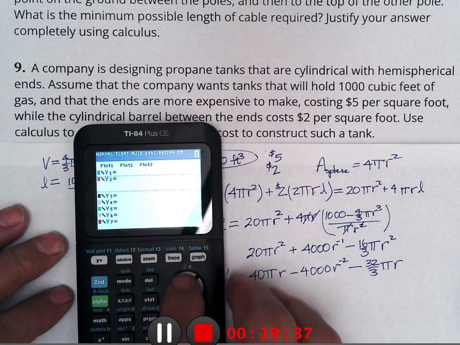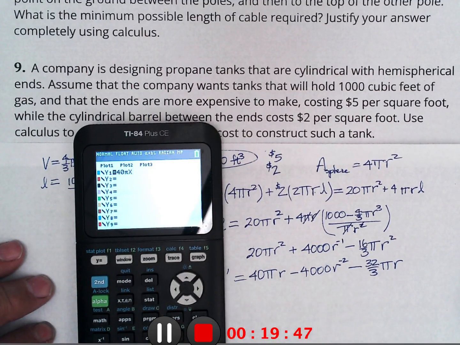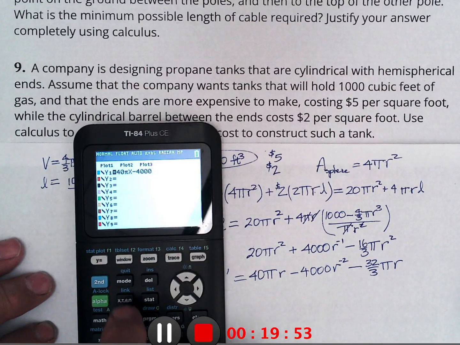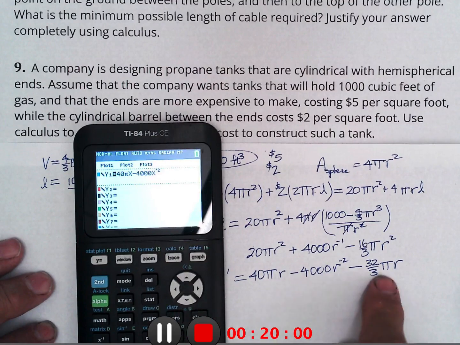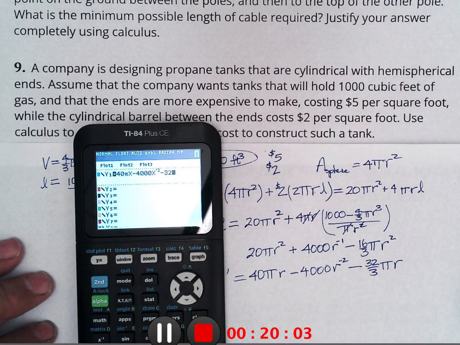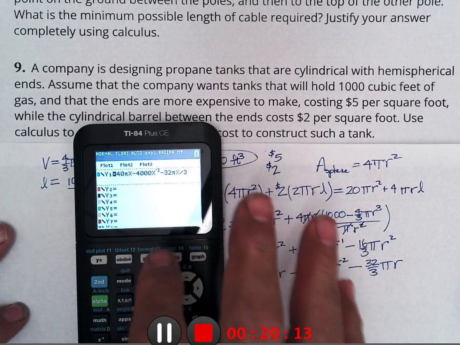So we want to do 40 pi x minus 4,000 x to the minus 2 minus 32 pi x divided by 3. And zoom 6.